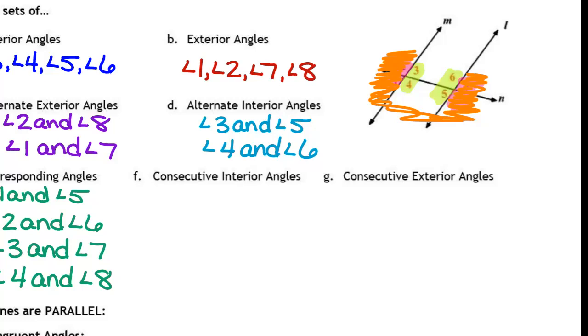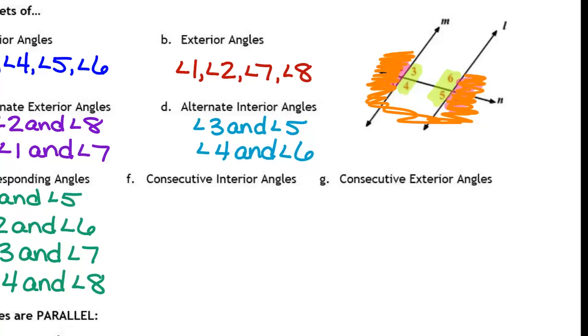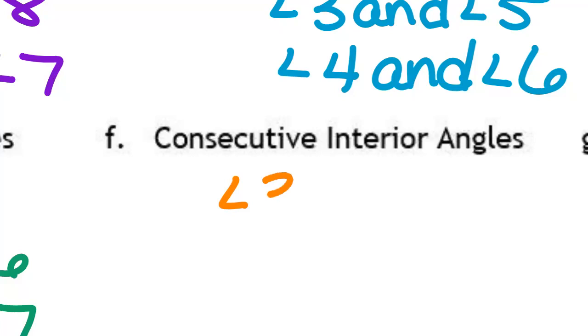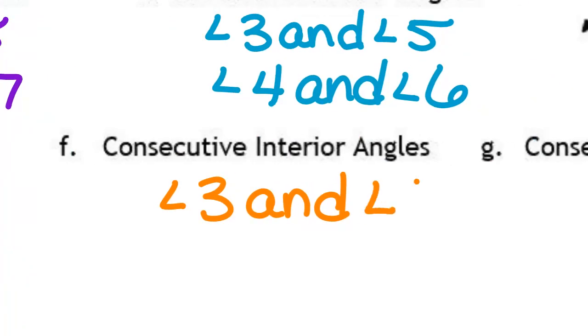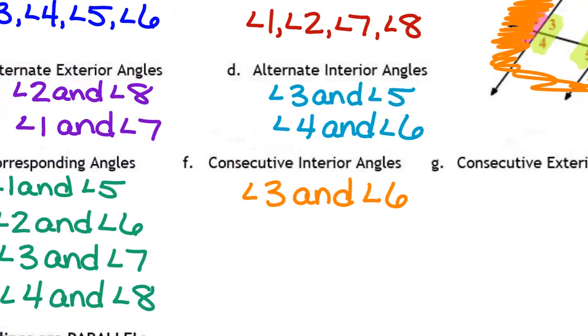They'll both touch the transversal, but that should be the only thing that they have in common. 3 and 6, yes. Angle 3 and angle 6. What would be another pair of consecutive interior angles? 4 and 5.